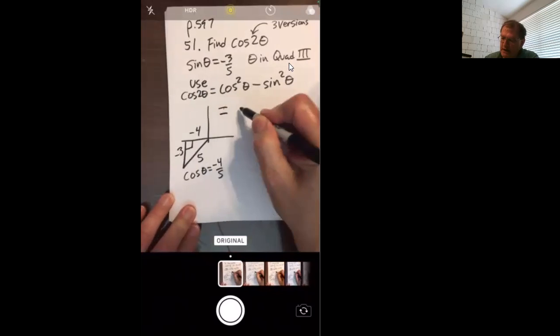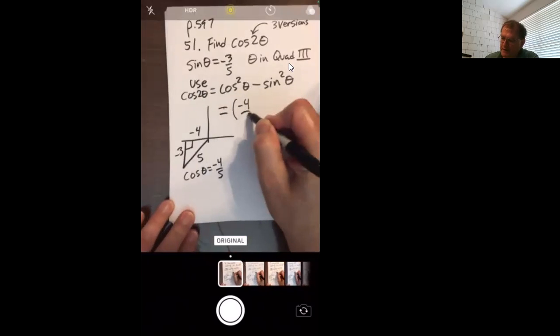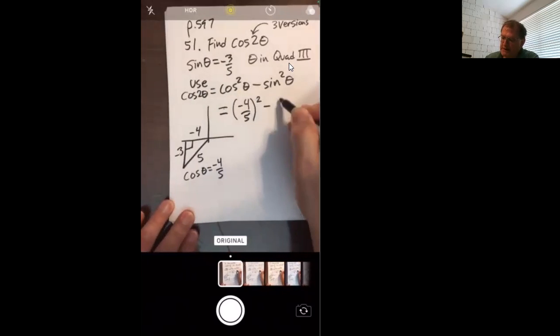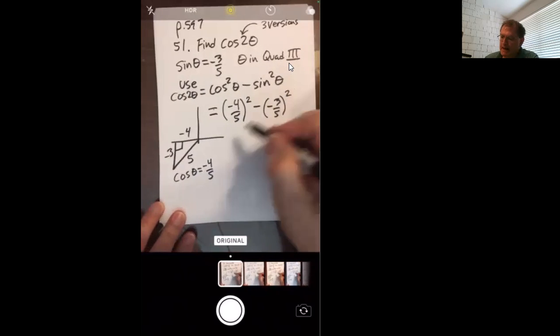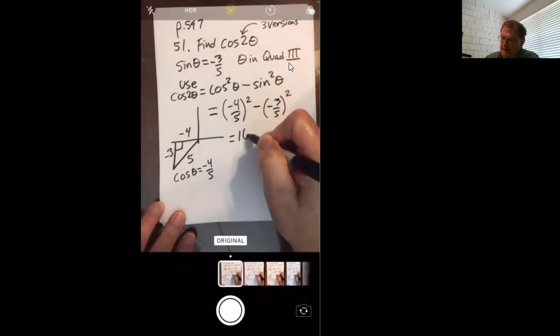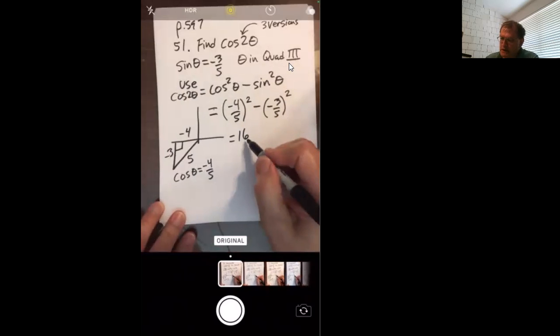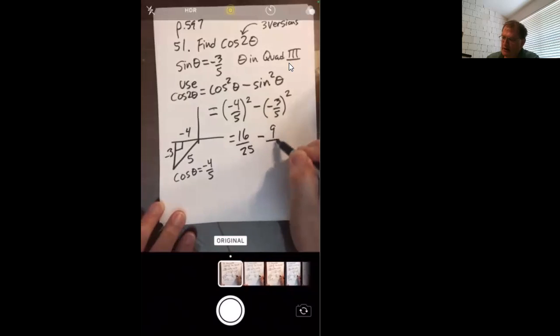So plugging and chugging, you're getting negative 4/5 squared minus negative 3/5 squared, which is giving you 16 over 25, subtract 9 over 25, 7 over 25.